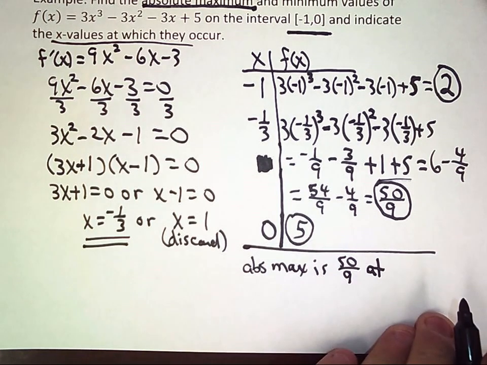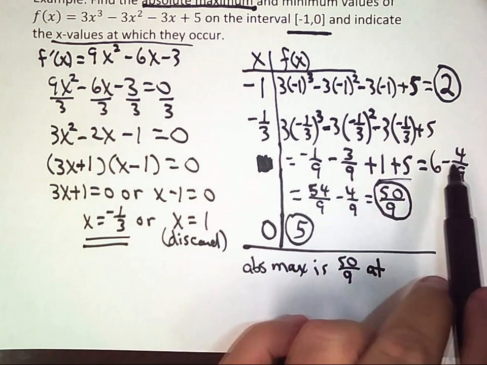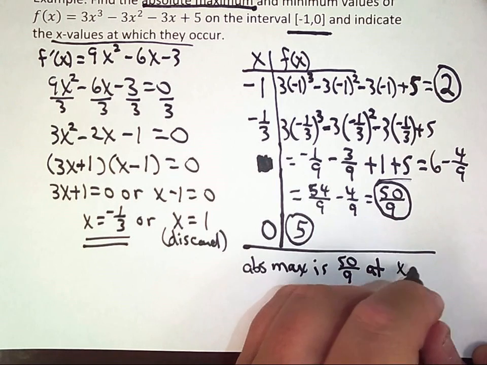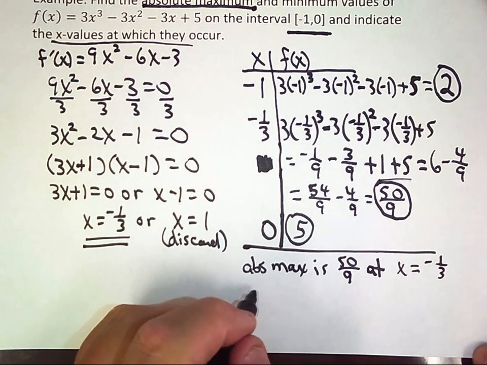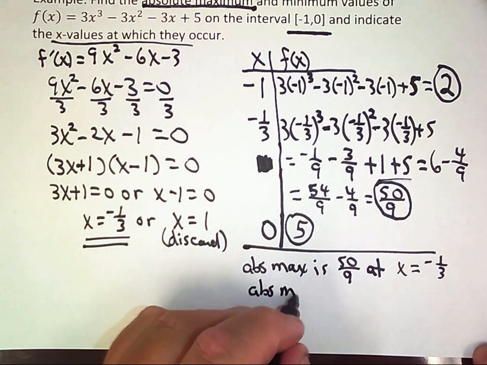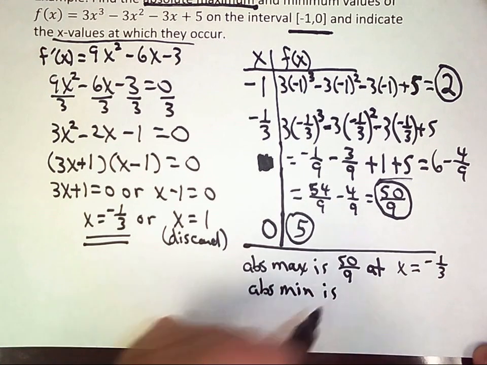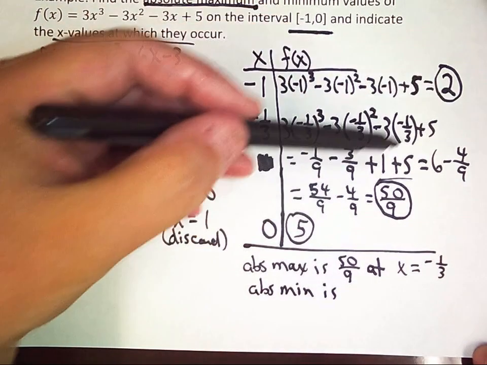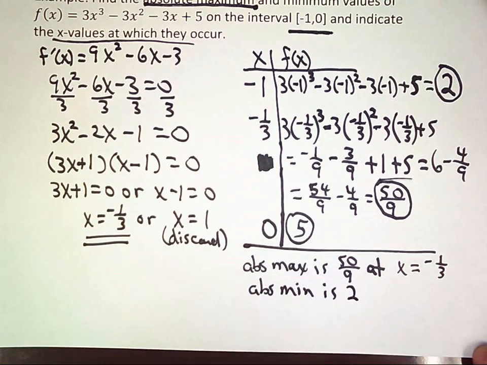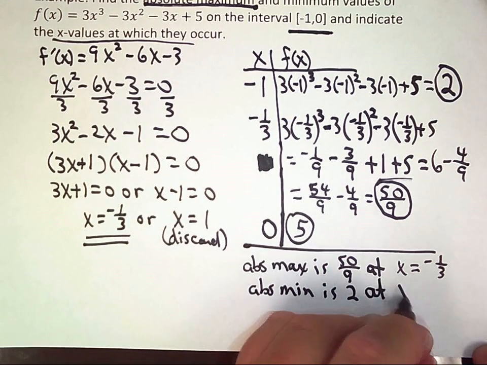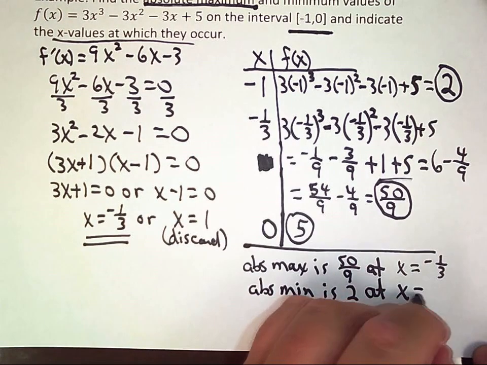So 59ths at x equal negative 1/3. And then there's an absolute minimum. And that absolute minimum is the smallest number. Well, the smallest number is obviously 2. So there's an absolute minimum of 2. And it occurs at x equal minus 1.